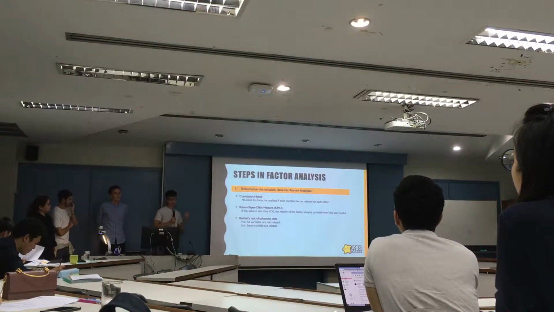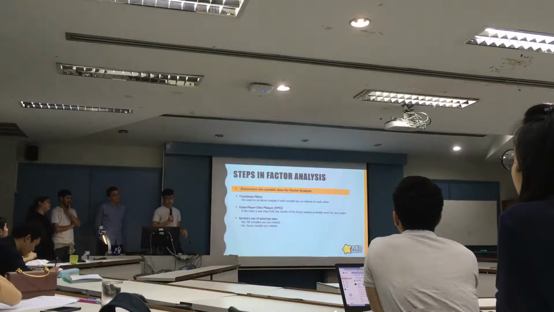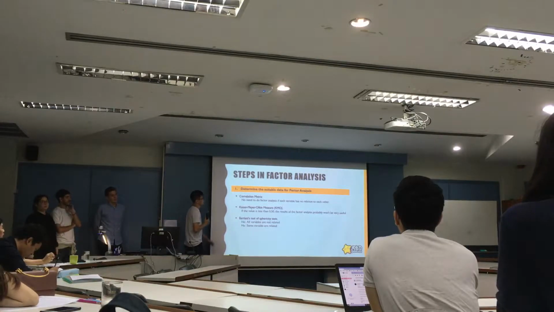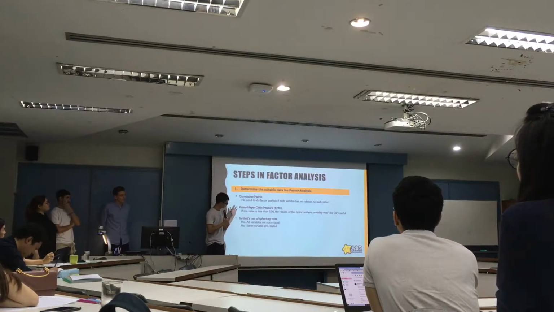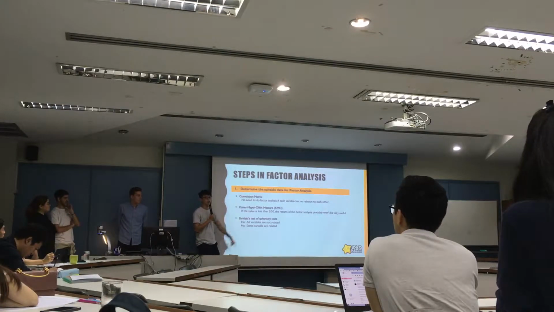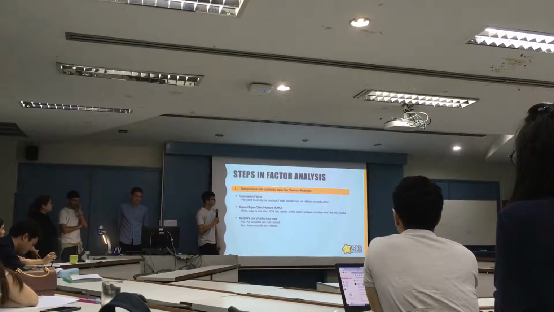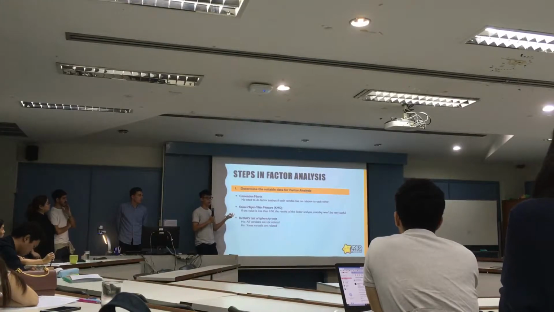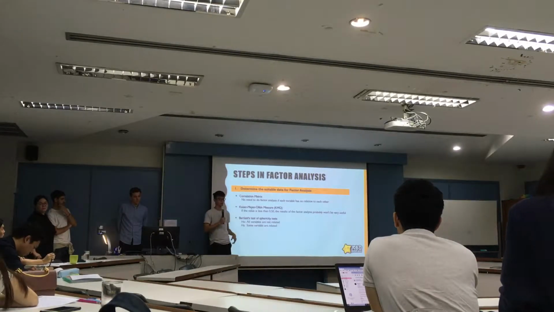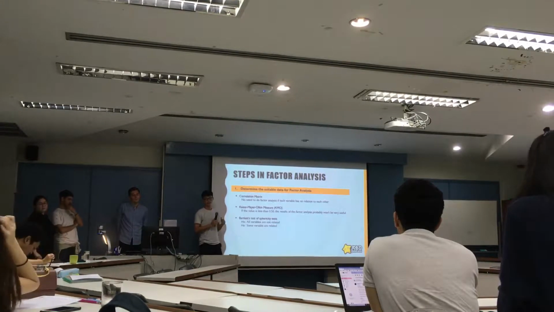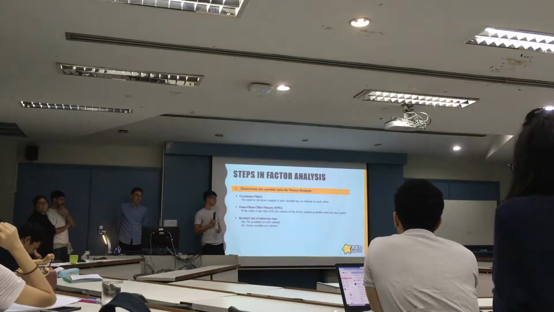And first, we have to see whether the data is suitable or not. So we can see the KMO statistic first. If the value of KMO is lower than 0.5, it means that the data is not suitable for factor analysis.